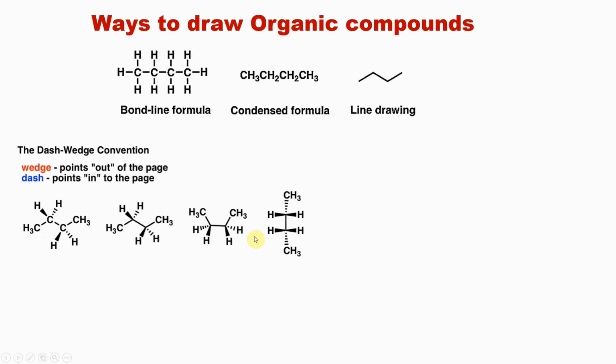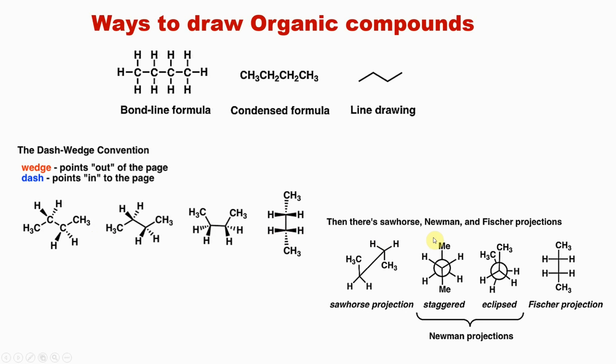Now if you see this wedge notation, these are all exactly same. We are going to see this in detail, okay, what this means here and all those, Fisher projection formula, all those, and also certain other ways of seeing we are going to see, not in this lecture. Later we are going to see Sawhorse notation, Newman projection formula and Fisher projection formula. These are also important. Only one question may come from this. Okay.